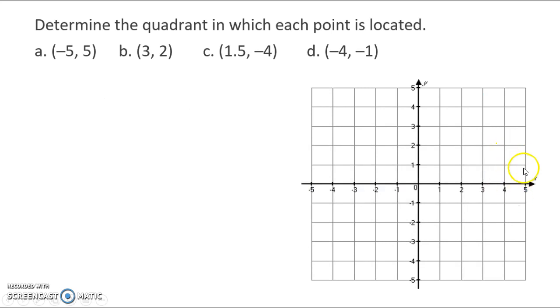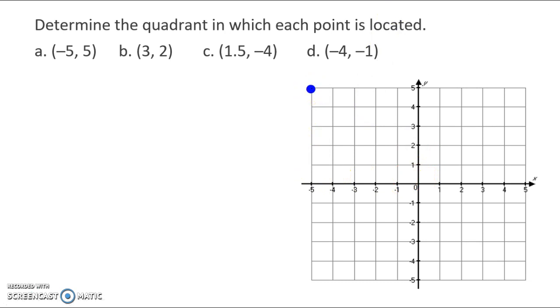So here you have 4 points. Why don't you pause the video again and determine the quadrant in which each point is located. Okay, hopefully everybody had a chance to work this as an example. Let's check our answers. (-5, 5): we move left 5 and up 5, and there's our point.